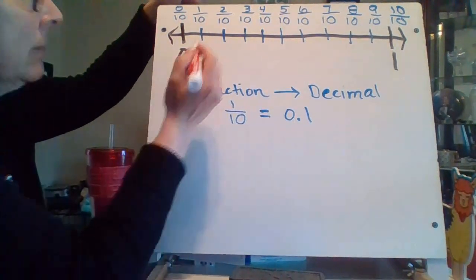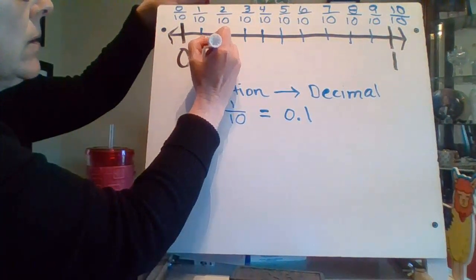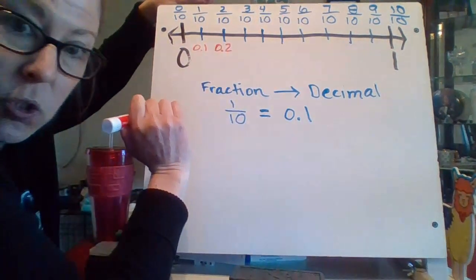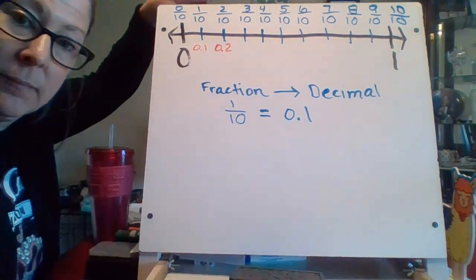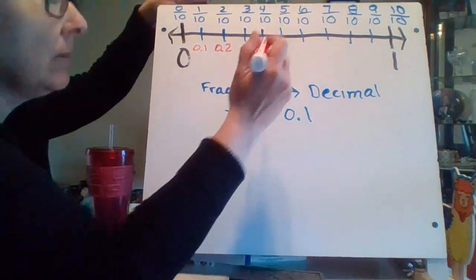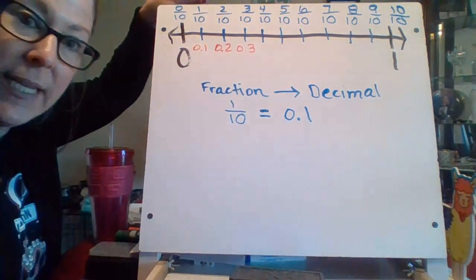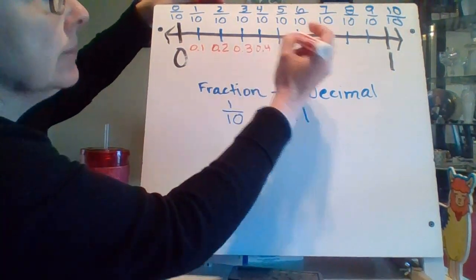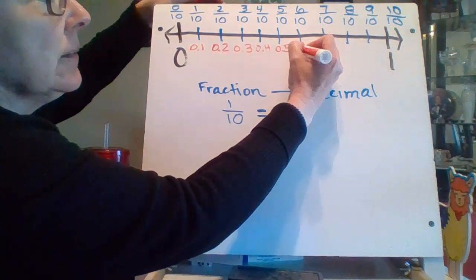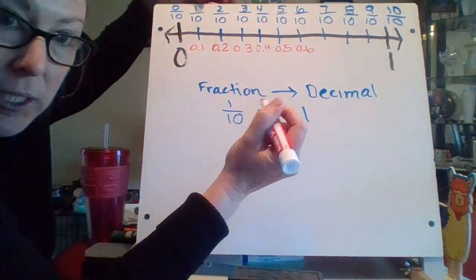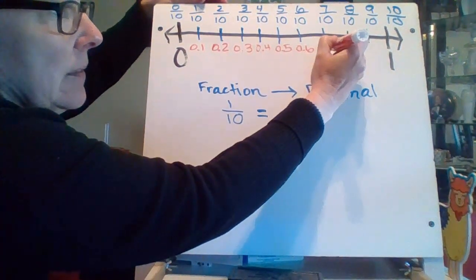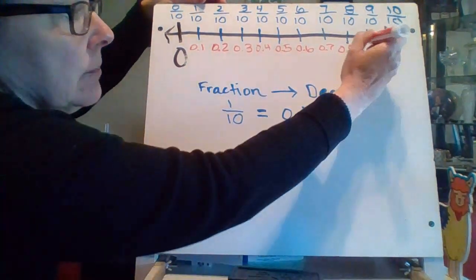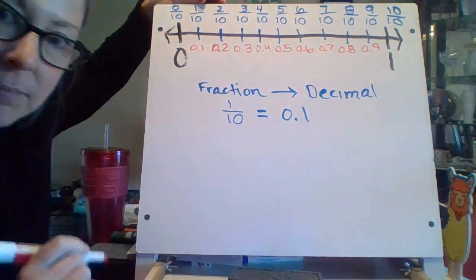I already have my 0, 1/10 in decimal form, 2/10 decimal form, 3/10 decimal form, 4/10, 5/10, 6/10, or you might also hear people say 0.7, 0.8, 0.9.